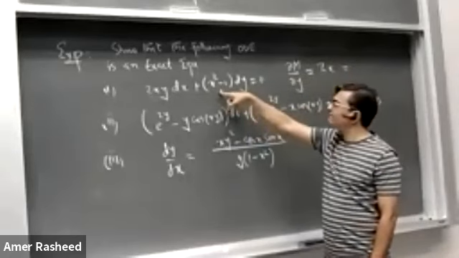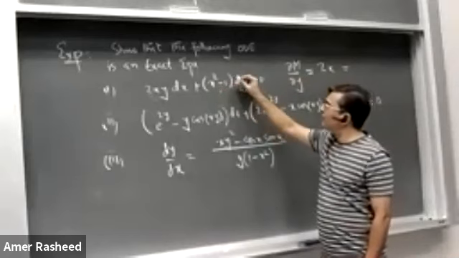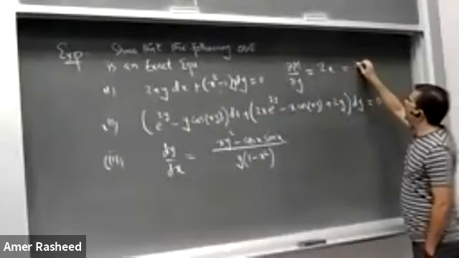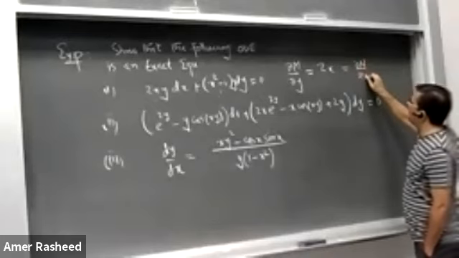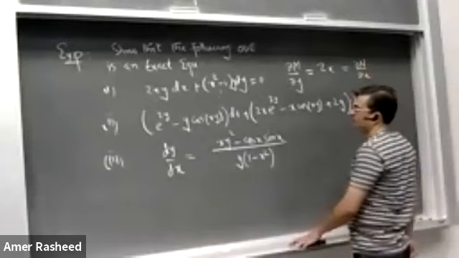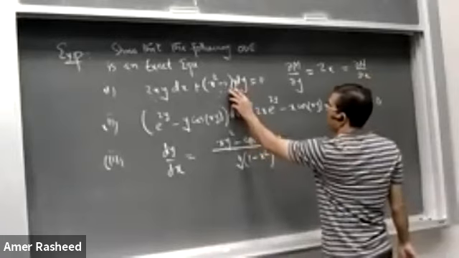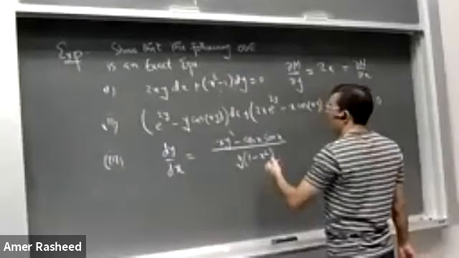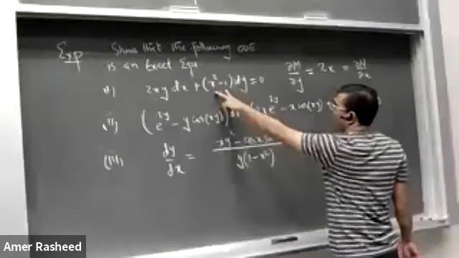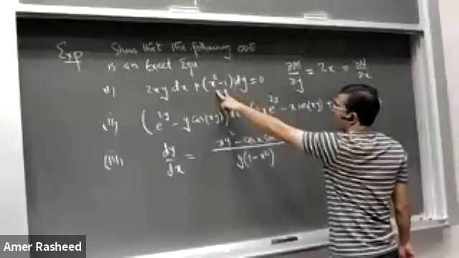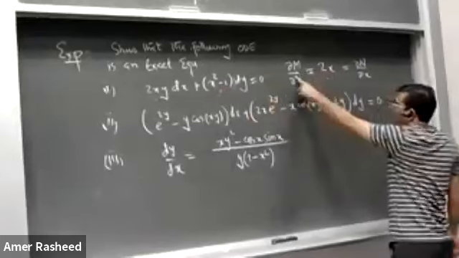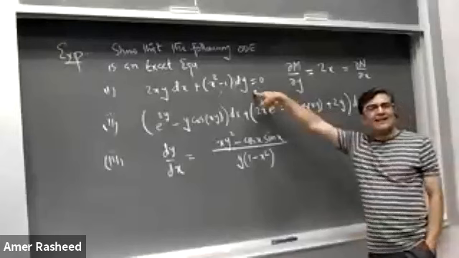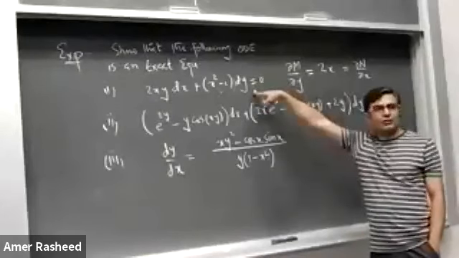It is again 2x. Okay, what is the derivative of this thing? Partial n over partial x is 2x. So partial m over partial y is equal to partial n over partial x. So this equation is an exact first order ODE.